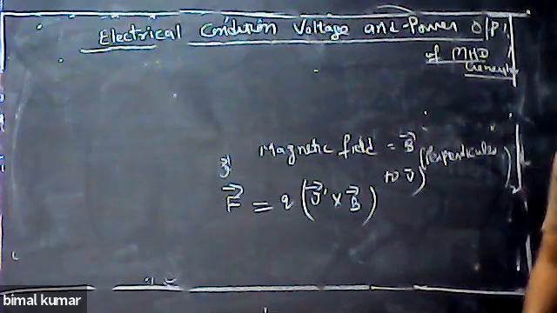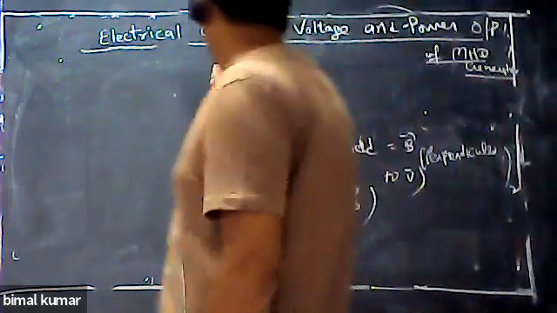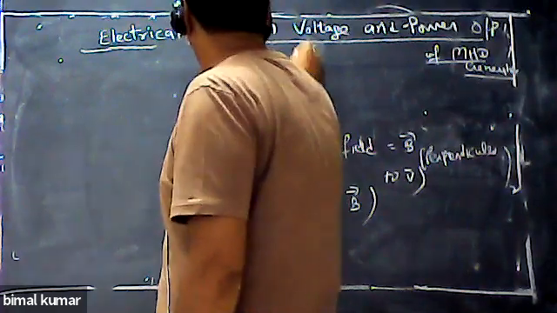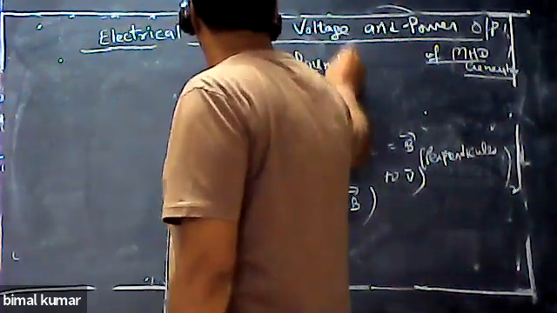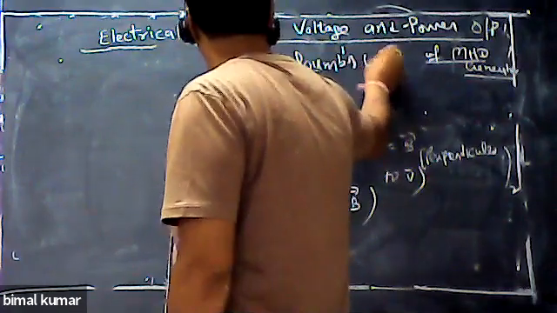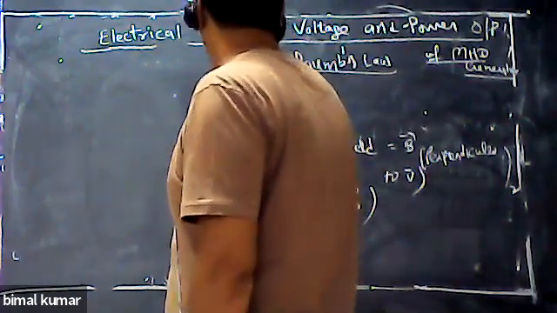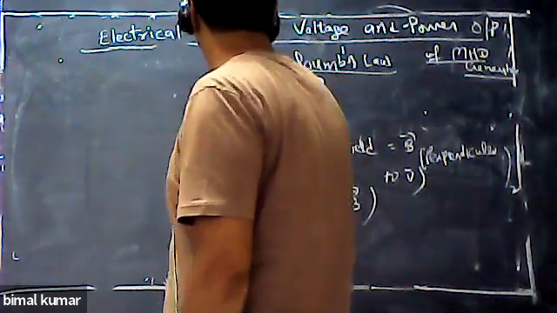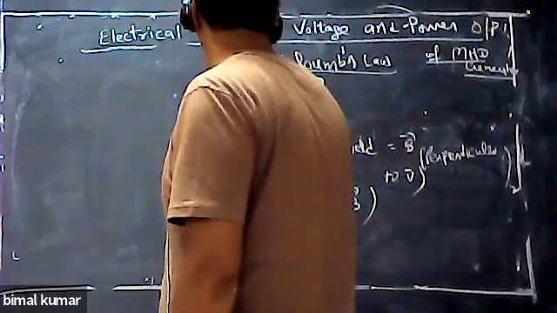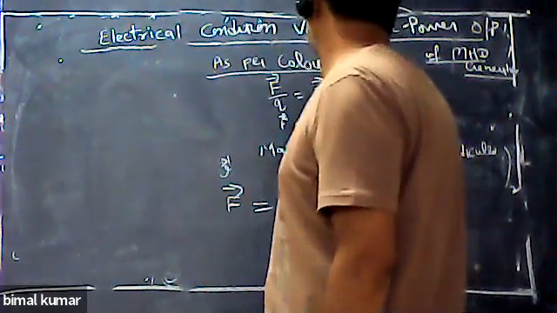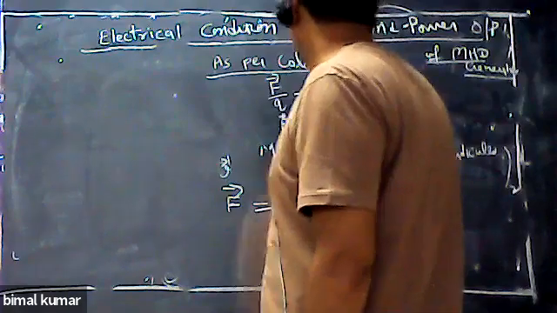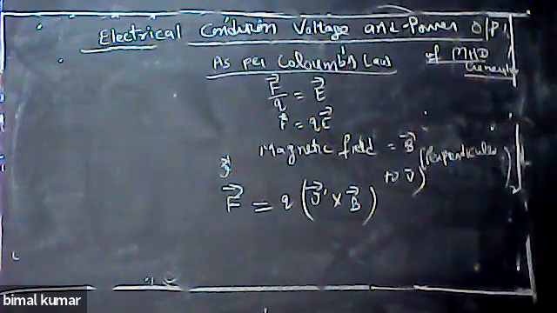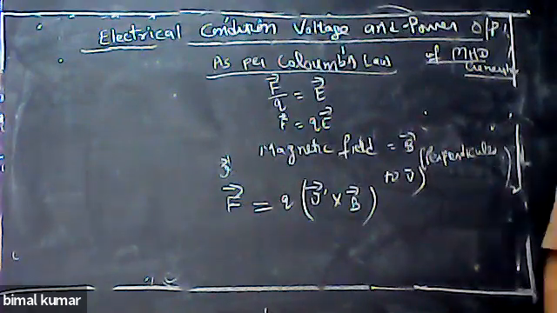So as per Coulomb's law, F upon Q is equal to the electrical field, so F is equal to Q into E. This is the force due to the electrical field, right?